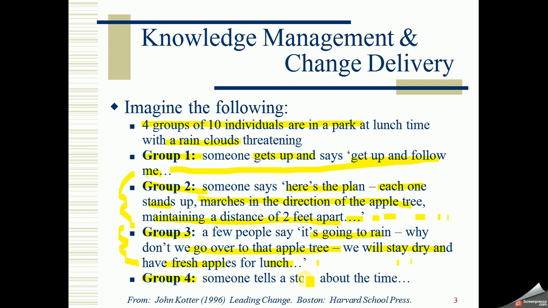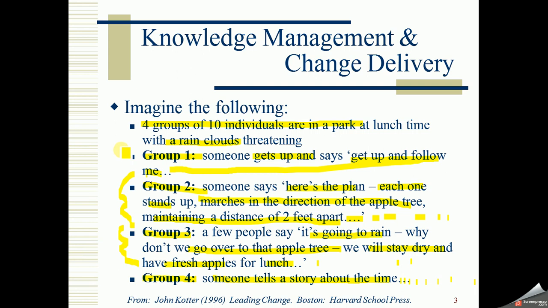In the fourth group, someone tells a story about a time they were in a park with 5 friends, and the rain started, and then this happened and that happened, we did this and that, and so on.